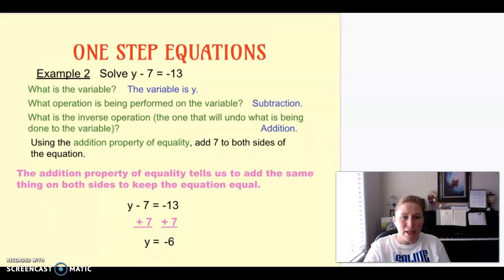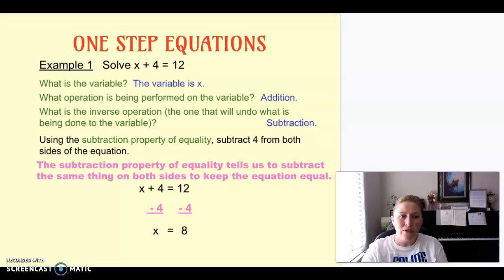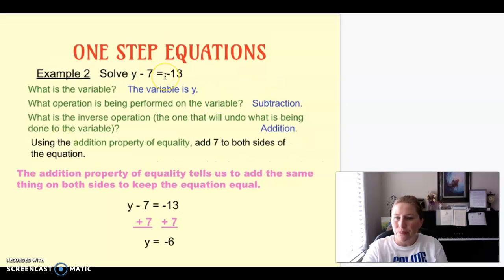Okay, one more example. Example number 2: y minus 7 equals 13. What's the variable? The variable is y. Remember, we talk to ourselves in math, we ask ourselves these same questions. What's happening to y? It's subtraction.